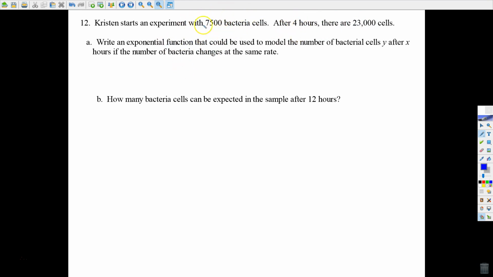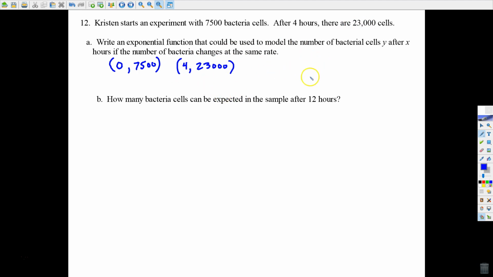We can think of these as ordered pairs where we let x represent an amount of time, and y will be the number of bacteria cells that occur after that amount of time. So at the very beginning, we can think of no time has passed. There are 7,500 cells. After 4 hours, x is 4, they've grown to 23,000.